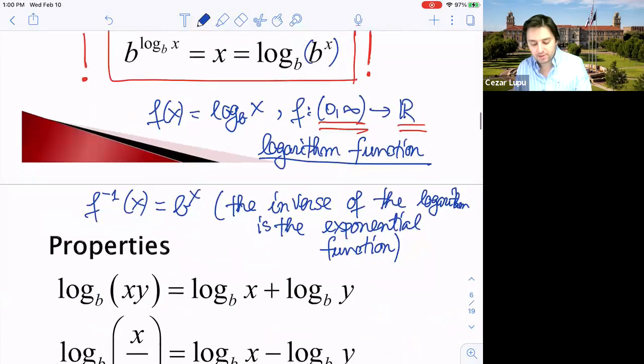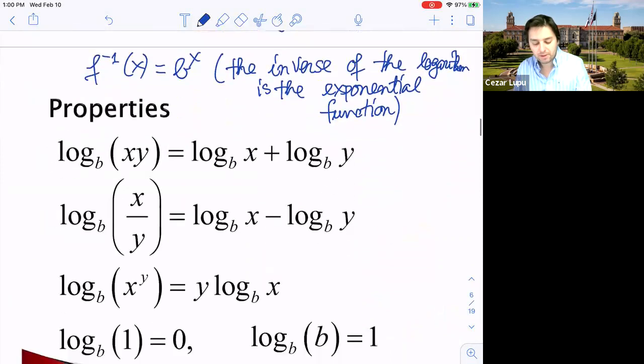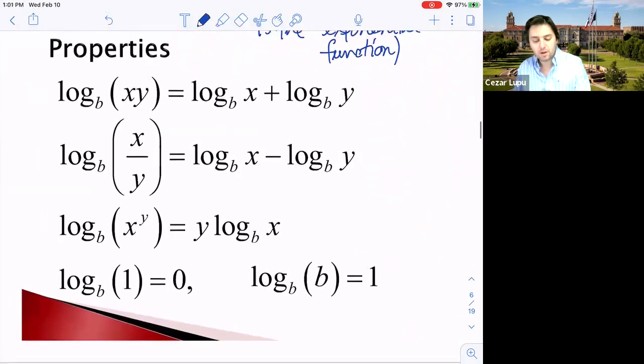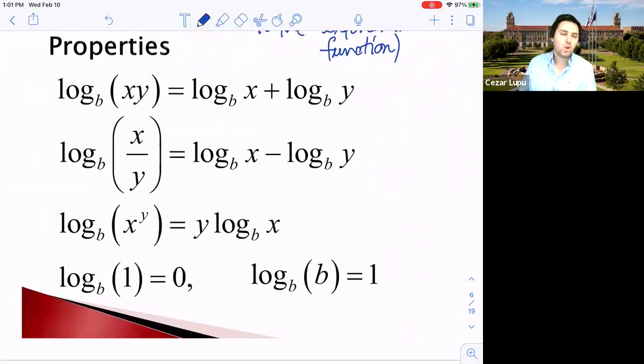Okay, now let's see some properties of the logarithm. As we have seen properties of the exponentials, why not see properties of the logarithm? And look at them closely now. You see, let me go back a bit to the exponential and explain it.